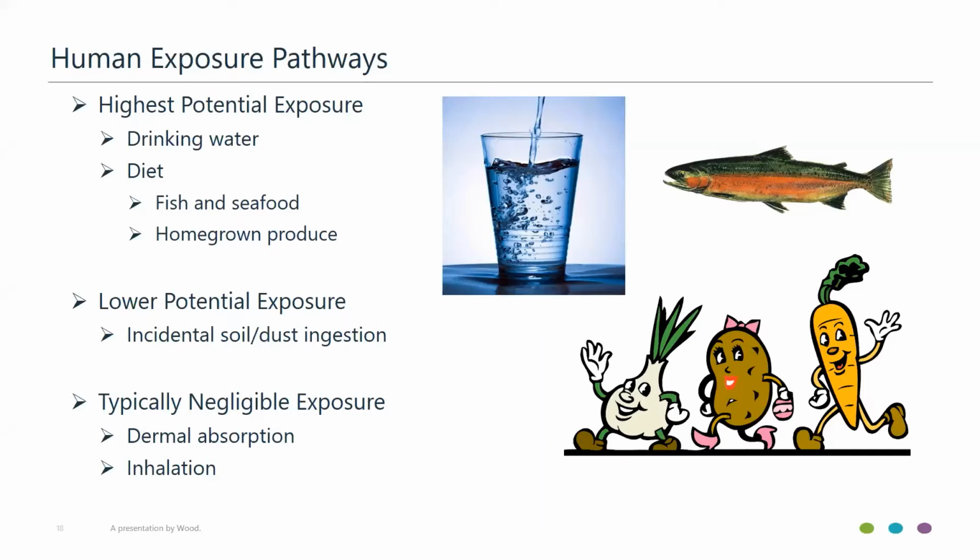And then we get down to dermal exposure and inhalation. These C8 chains are pretty heavy chemicals, so they're not volatile. Typically, if there was inhalation exposure, it would be through dust, which tends to be a pretty low exposure pathway when you compare it to the amount of drinking water that someone ingests in a day. Next slide, please.